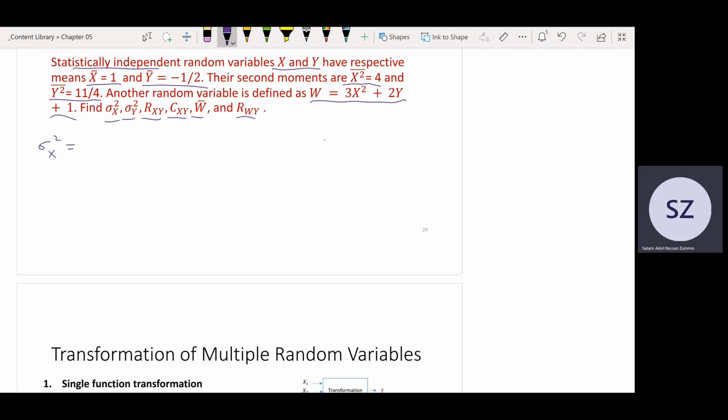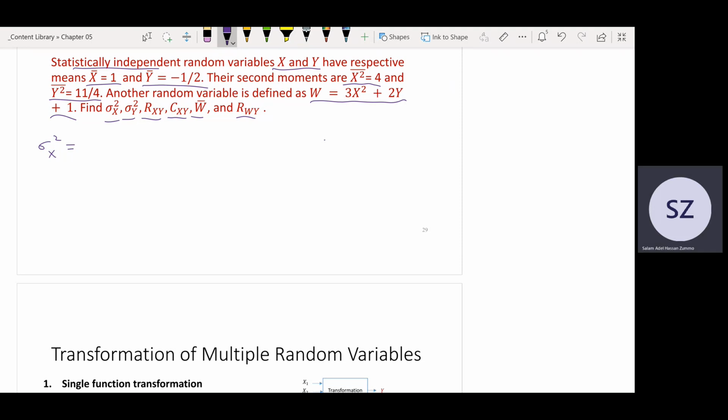Let's take a paper and give me the variance. How to find it?